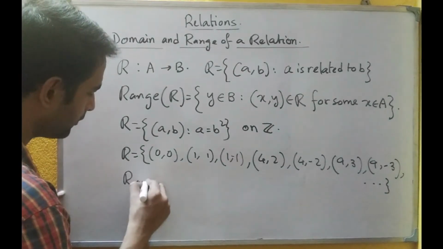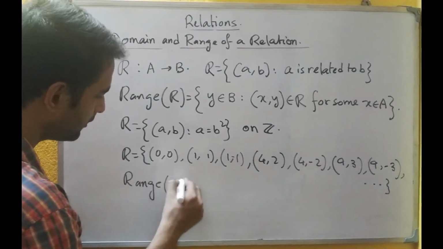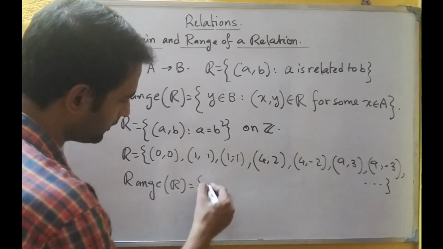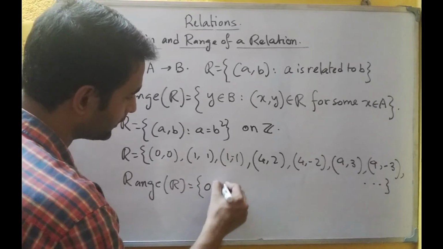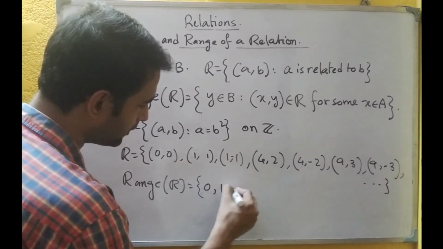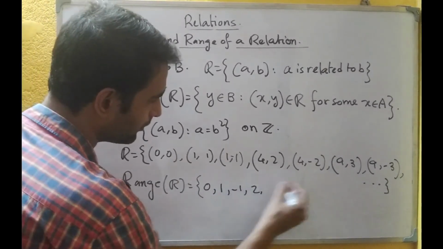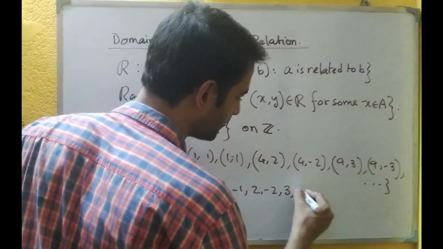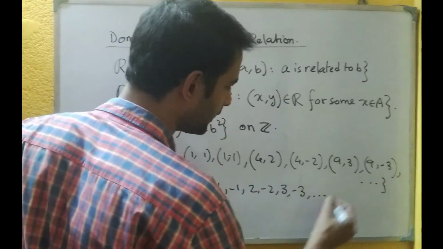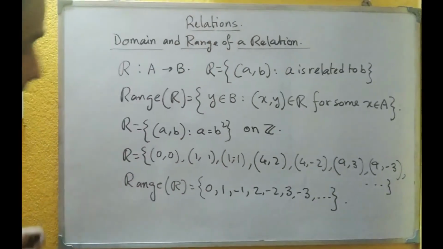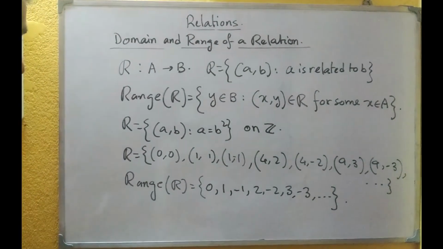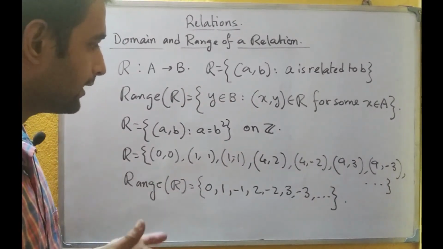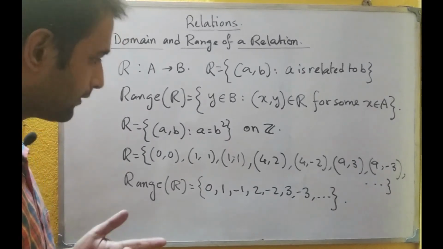So see, if you want to write the range, you have to take all the second elements. So see, what are they? The first one is 0, then it is 1, then minus 1, again 2, again minus 2, again 3, then minus 3. In this way it is continuing, and you can realize for each perfect square we can find its root as an integer number.